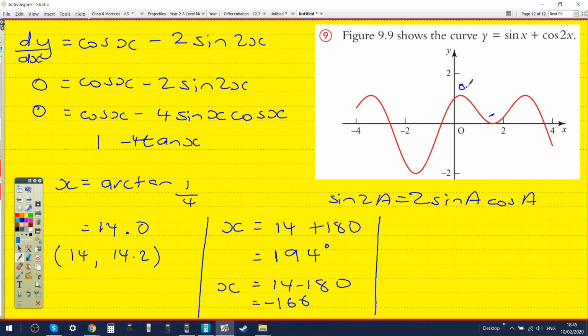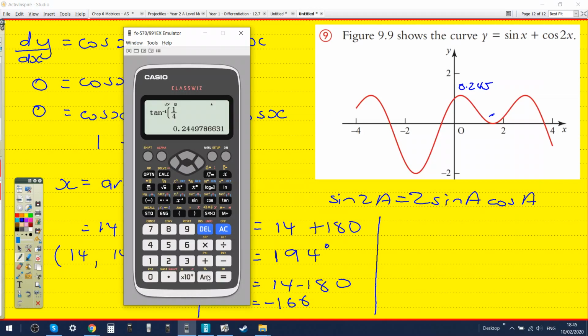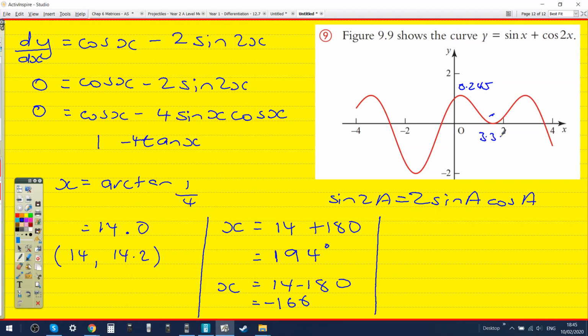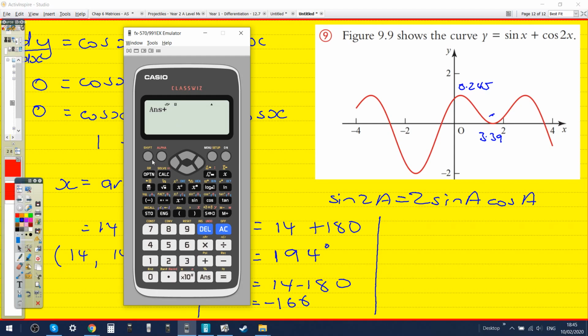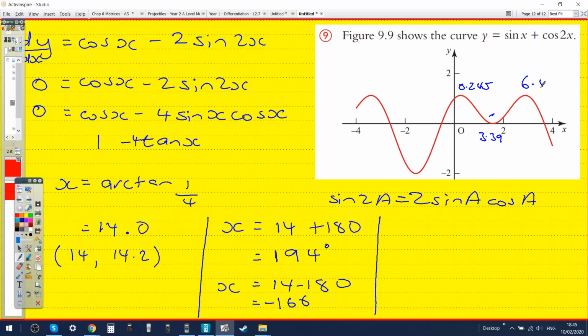So 0.245 is that first one. That answer plus pi is 3.39. And then the third one would be plus pi again, 6.53. That doesn't line up to their scale.